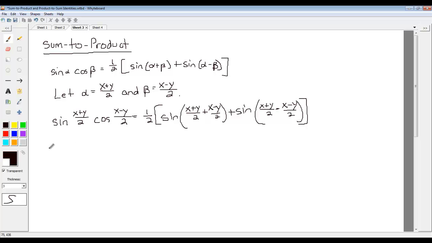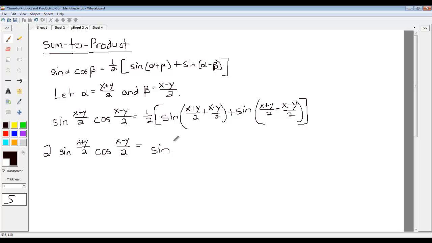Let's multiply both sides by 2. That side, 2 times 1/2 is 1. And let's clean things up a little bit too.